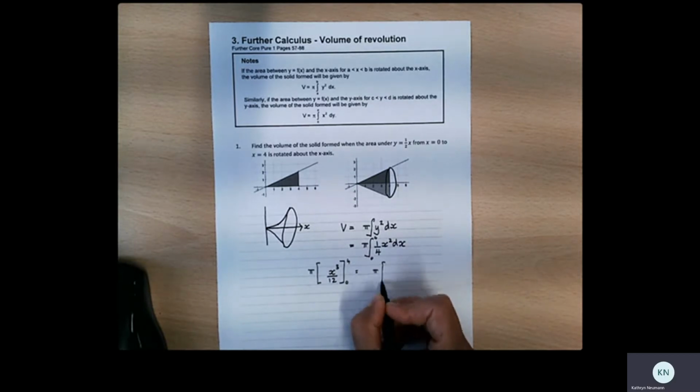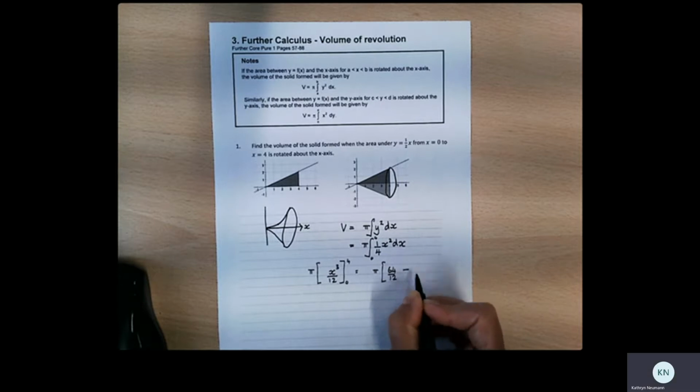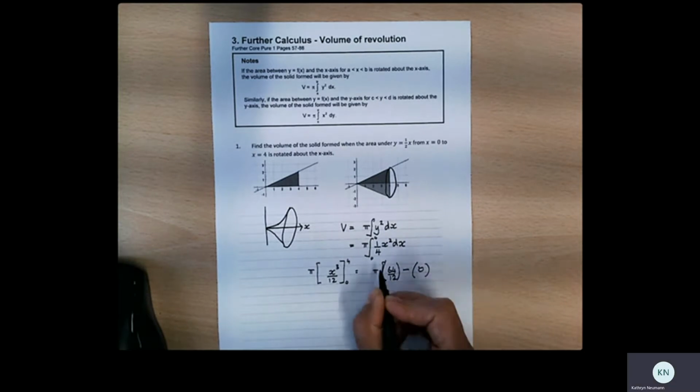Pi times 64 over 12 minus, let's use my round brackets here, 0.